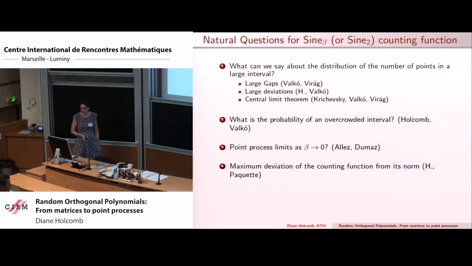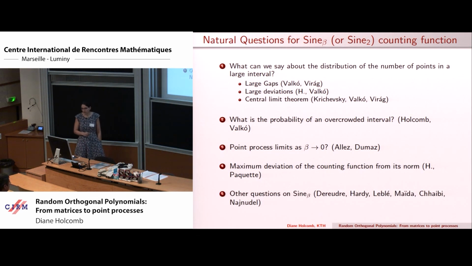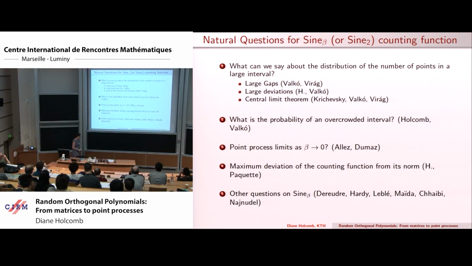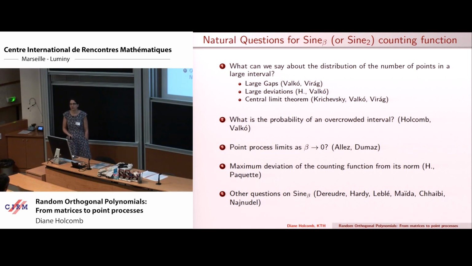And finally, I want to mention a couple of papers or results on sine beta that don't really make use of this counting function structure, but there are other structures that have been very useful. In particular, these first 4 authors proved rigidity, and then something else that I'm not entirely familiar with.